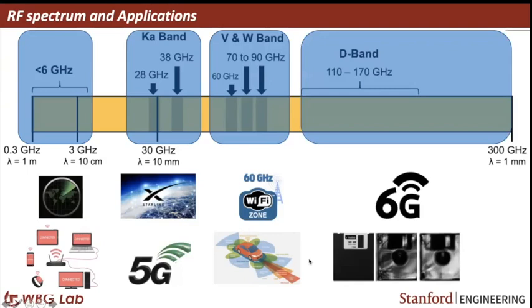And then we already started talking about 6G and different imaging applications. So 6G is allotted the band starting from about 30 or 40 gigahertz and above, up to 300 gigahertz. People have started making devices at these frequencies, which we will eventually use for 6G applications.